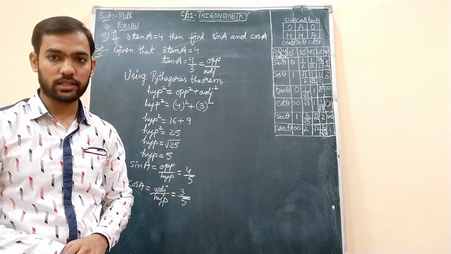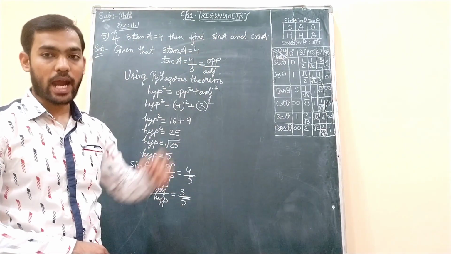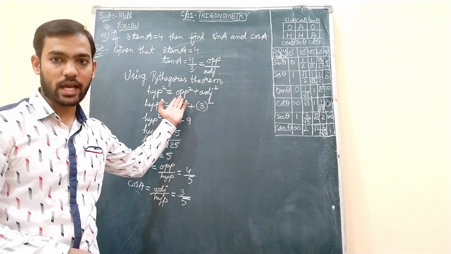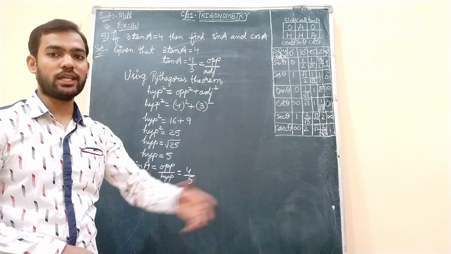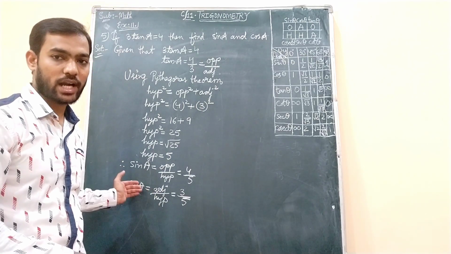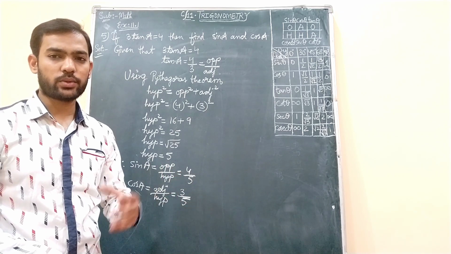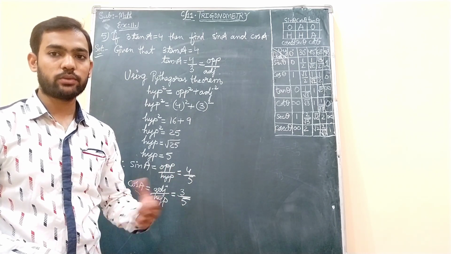Cos A is equal to 12 by 13, so you can take adjacent by hypotenuse. Using Pythagoras theorem you have to find the opposite side. After finding the opposite side, he asked for two more trigonometric ratios, which you can write like this. Understand students?